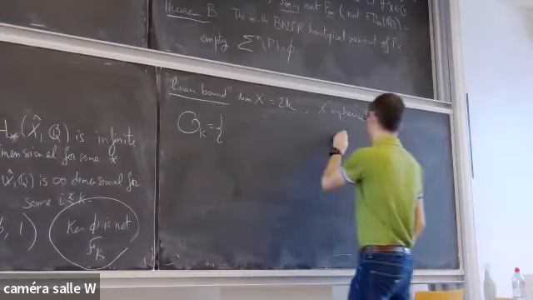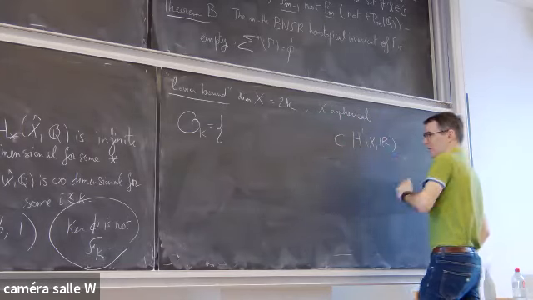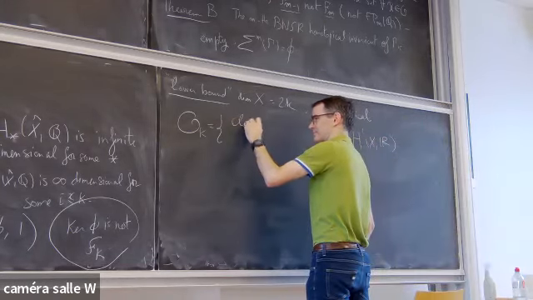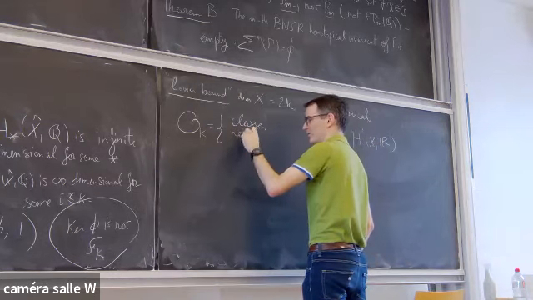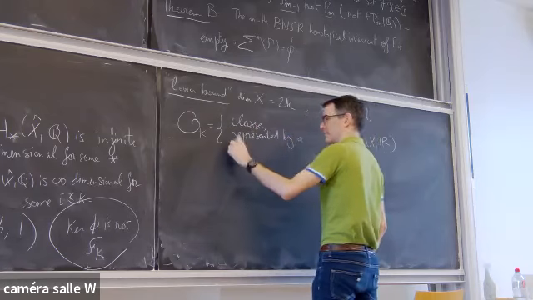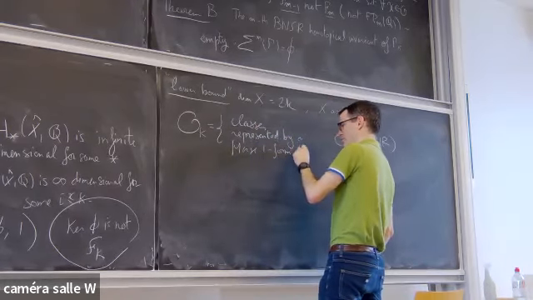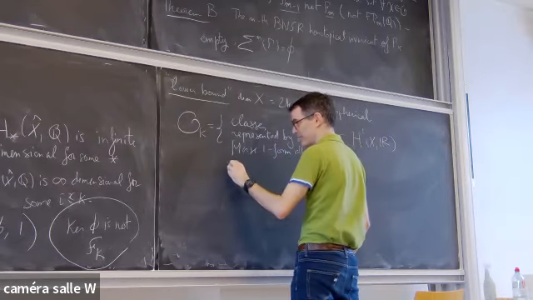So I will look inside H^1, at classes represented by a Morse form, all of whose critical points have index k.